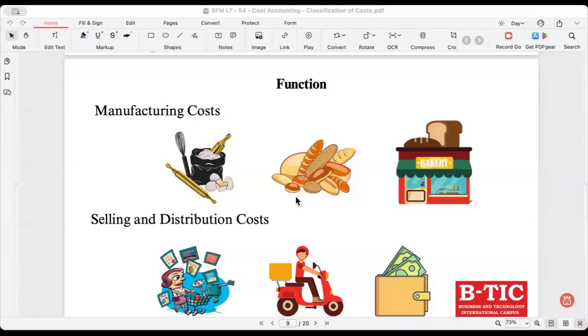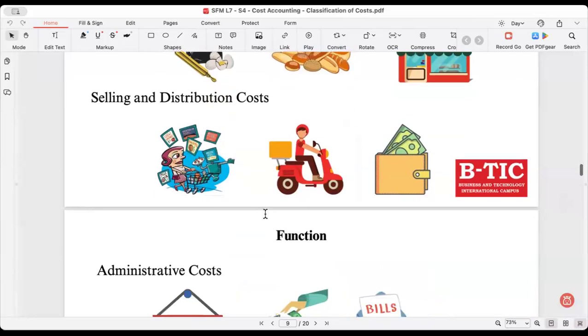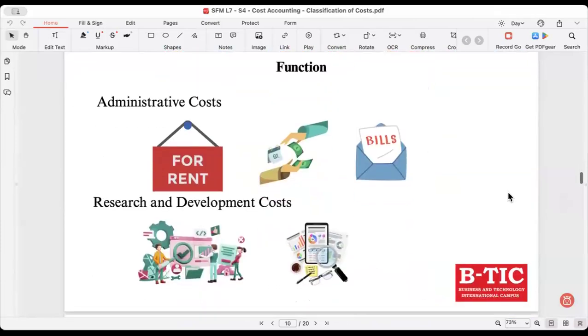So all these come under selling and distribution costs. Any cost that is related to selling a product and distributing the product comes under this. And next you have administrative costs.